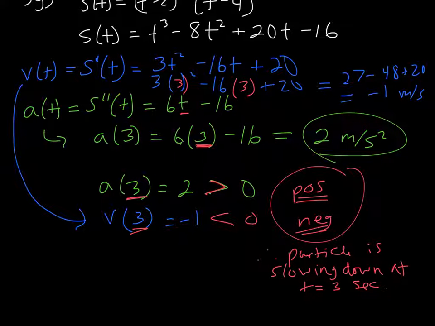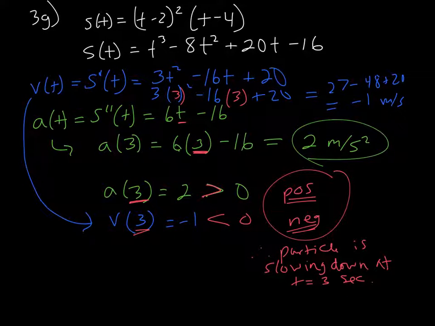Now, an interpretation, if you're looking for why this should make sense. If you are in a car and you're going backwards, you have negative velocity. If you push on the brakes, then your acceleration is working in the opposite direction.